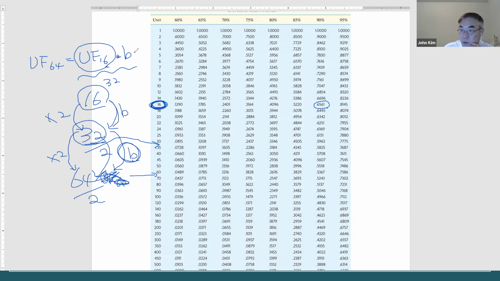So Y 64 at 90% equals K times unit factor 64, which is unit factor 16 times b, one more times b.